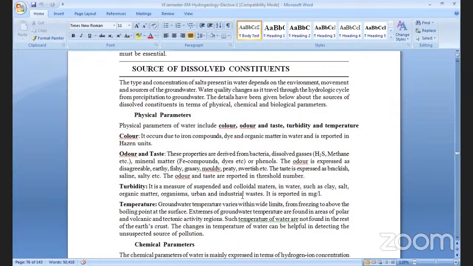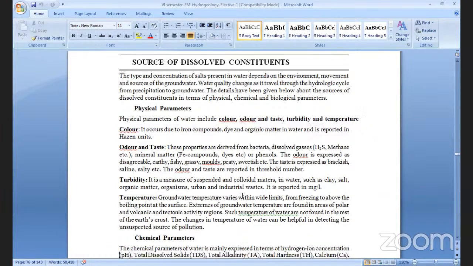Water quality changes as it travels through the hydrological cycle and reaches precipitation to become groundwater, and it has different parameters, dissolving different constituents like physical, chemical, and biological parameters. What are those? Let us see.